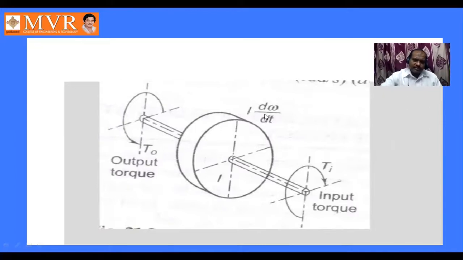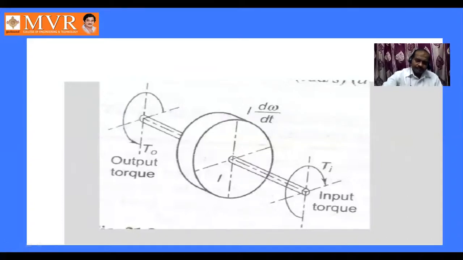So this is how we first understand how things happen for this flywheel. Imagine this is the flywheel. It rotates with the help of an input torque and gives an output torque.